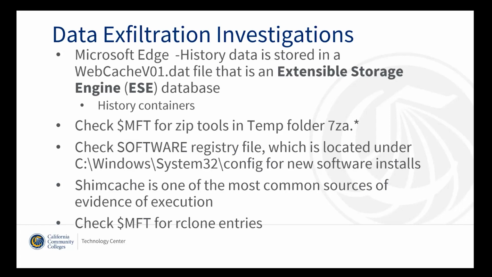So definitely, if you don't usually have zip tools on the endpoint, this is important to check, especially something like the temp folder, because if data exfiltration is going on, they're going to zip the files. The files aren't going to go out in the regular size. They're going to be encrypted and or zipped.